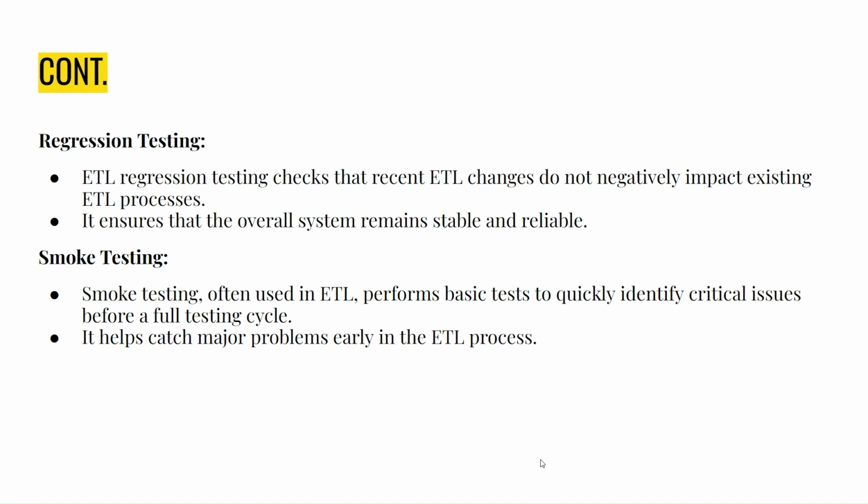It ensures the overall stability and reliability of the system. And the final one is smoke testing. Smoke testing, often used in ETL, performs basic tests to quickly identify critical issues before a full round of the testing cycle. It helps to catch major problems in the ETL process.